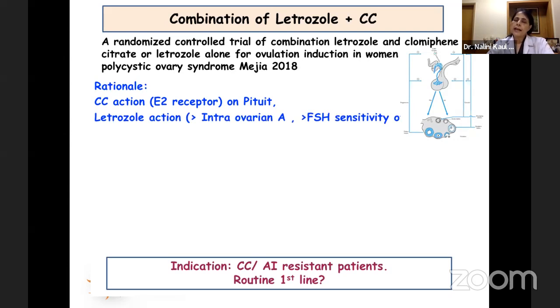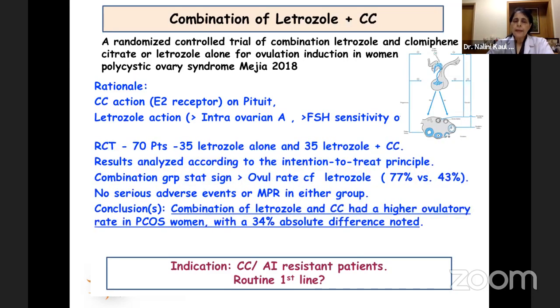We'll make use of that action within the ovary, which increases the intraovarian androgens and increases FSH sensitivity. So maybe with the two together, we will get an FSH threshold, which will induce ovulation. And in this randomized controlled trial that was done in just about 70 patients, it was shown that the combination had a higher ovulatory rate in PCOS women, with an absolute 34% difference.